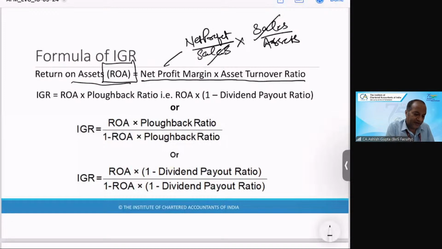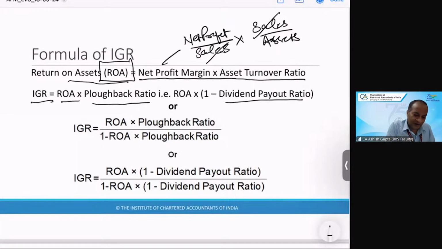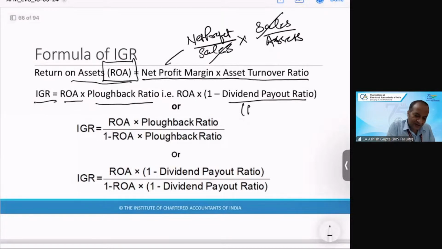IGR is basically return on asset into the plowback ratio, meaning 1 minus dividend ratio. So it gives you the internal growth rate. Students, it is very important to note here that this is 1 minus D.